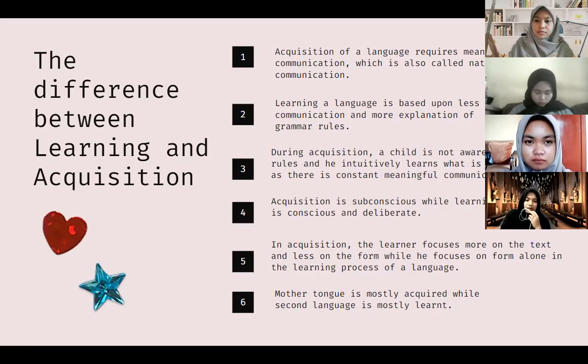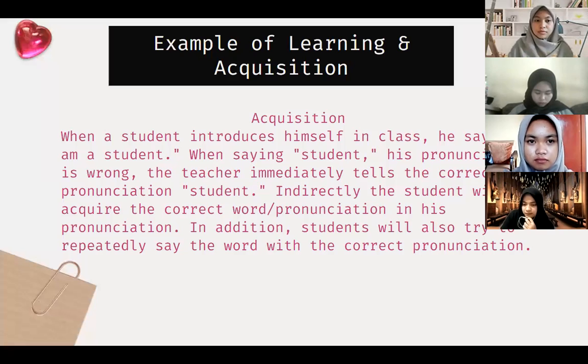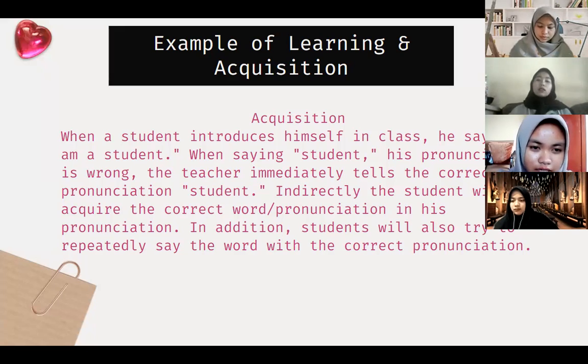Okay, thank you, Nurra, for the explanation. So next material will be explained by Salsabila and Urfi. Okay, thank you, Sherina. So now I will explain about examples of learning and acquisition. The first is acquisition.